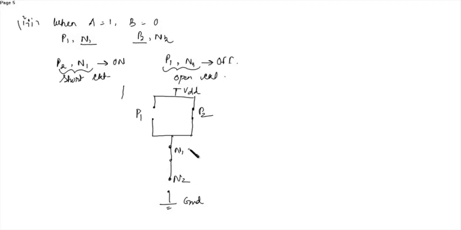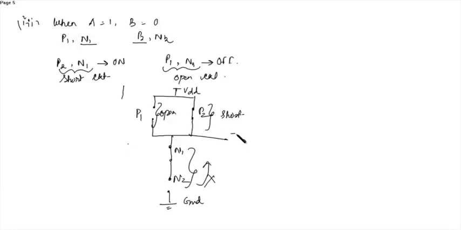Since we have an open circuit here, this will not work. And the same condition here. Here it is open circuit. Here it is short circuit. So even though this is open circuit, this is short circuit, this open circuit will not affect since P1 and P2 are in parallel.